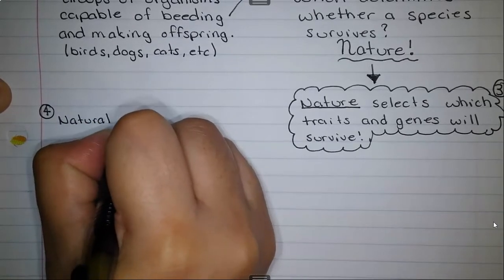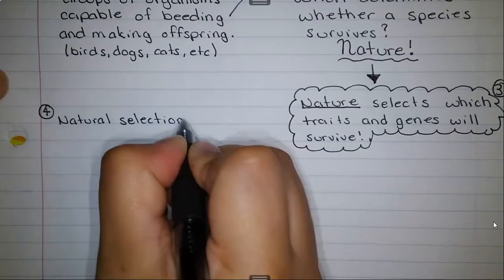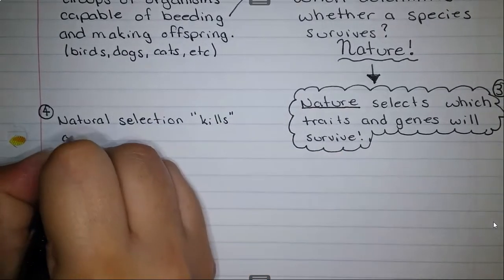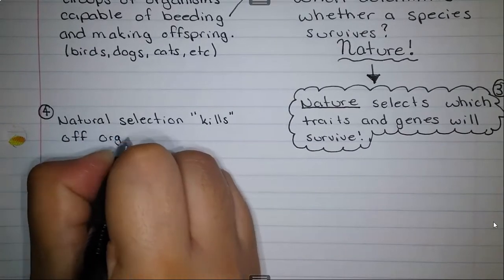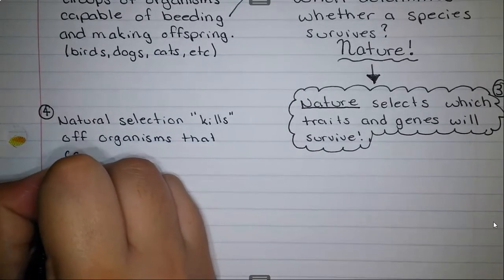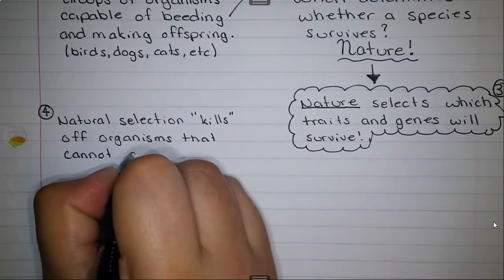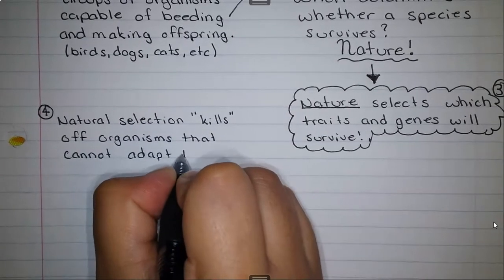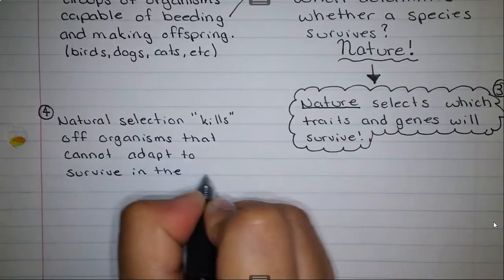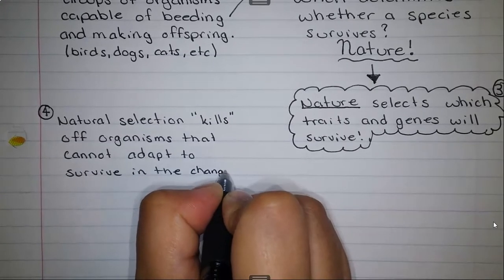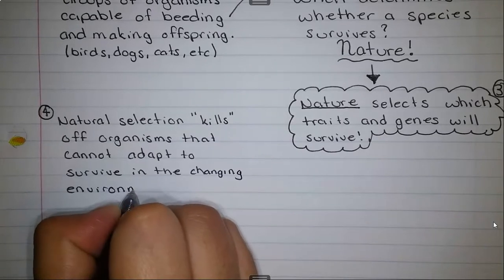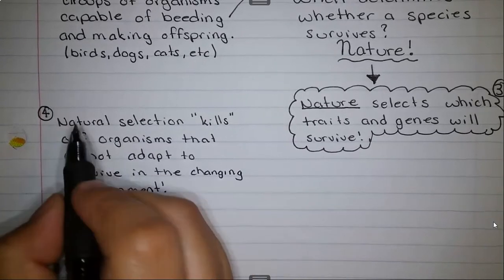Natural selection, we could say, kills off organisms that cannot adapt to survive in the changing environment. Okay, natural selection.